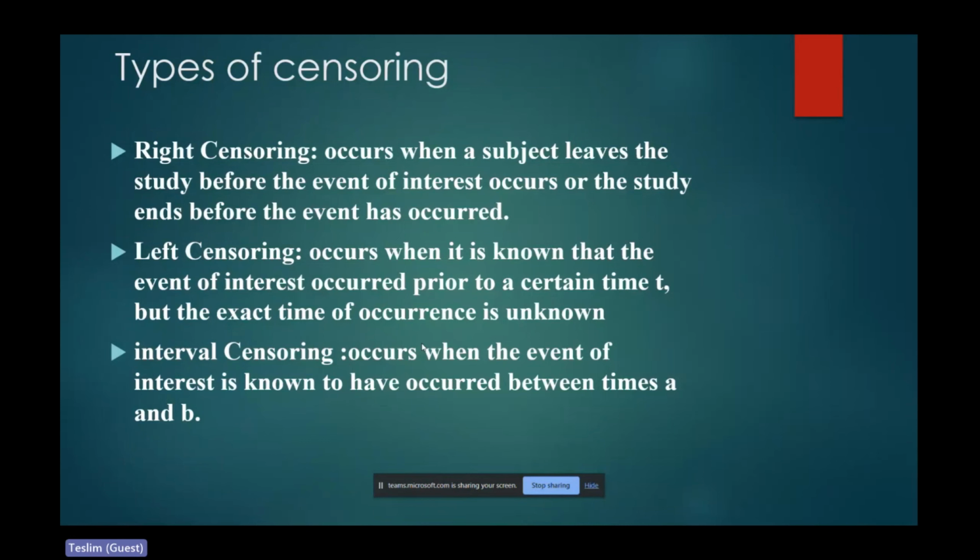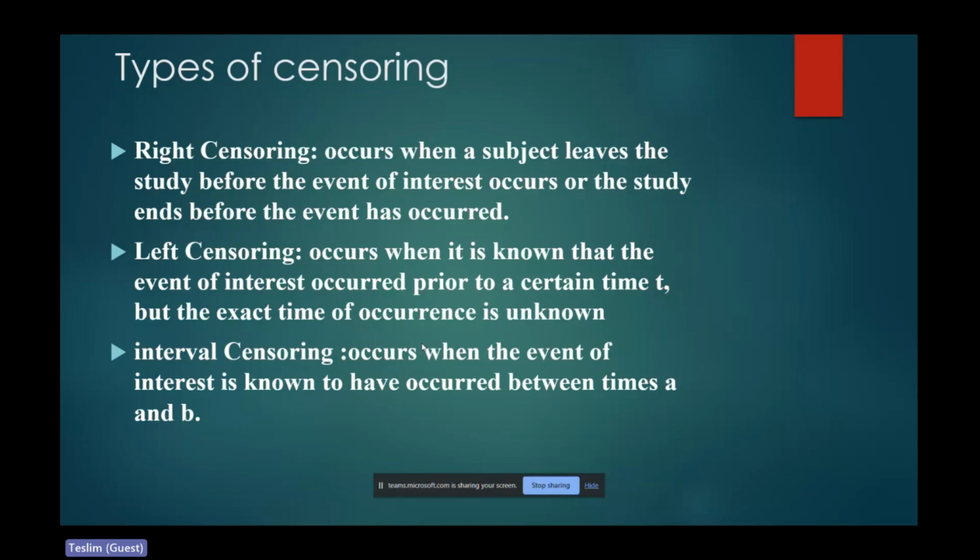You went to test for HIV at age 20, and it was discovered that the person has HIV at age 20, but the time at which that person contracted the disease was not known. Maybe it was when the person was 5 years, 10 years, but it was not known. That's what we call the left censoring.